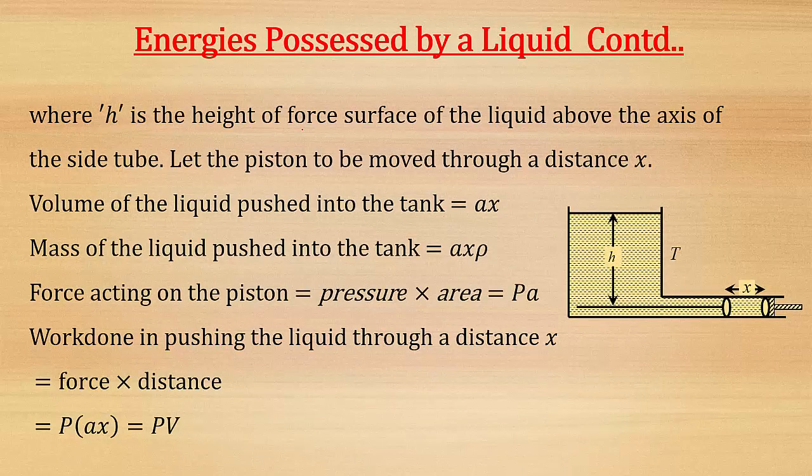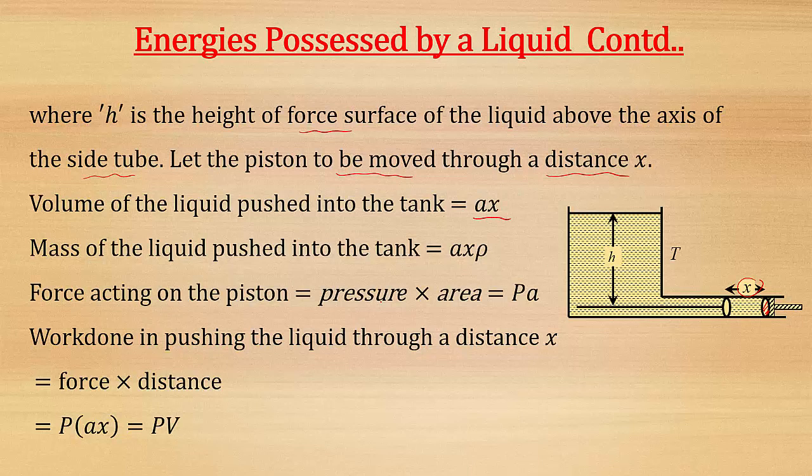Here h is the height of the liquid above the axis of the side tube. Let the piston be moved through a distance x. Here there is a piston, it is moving a certain distance x. Volume of the liquid pushed into the tank: when we push the piston, volume we can take as area into distance.